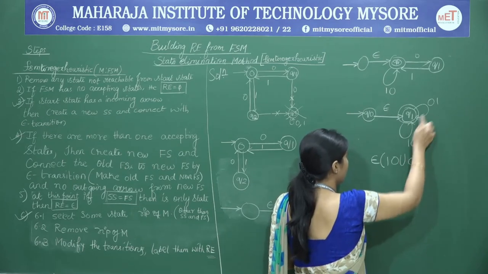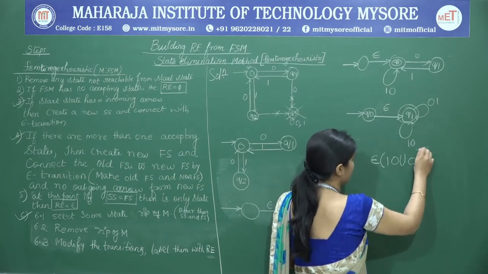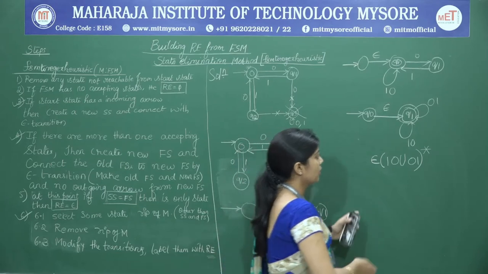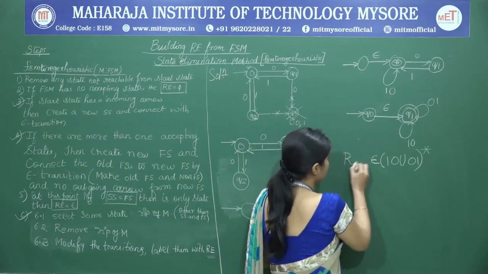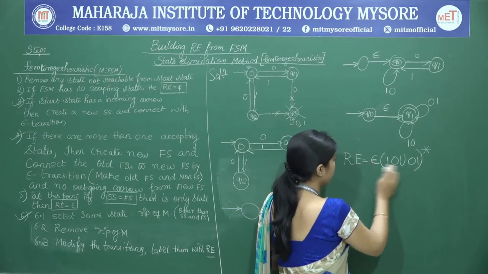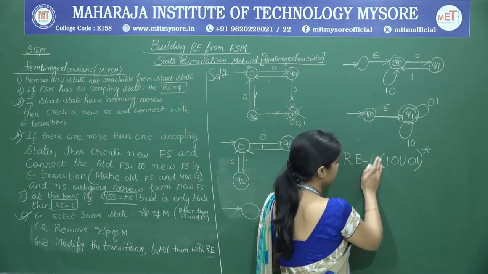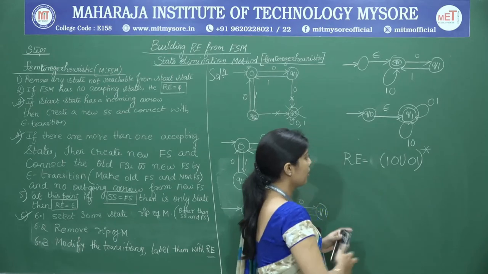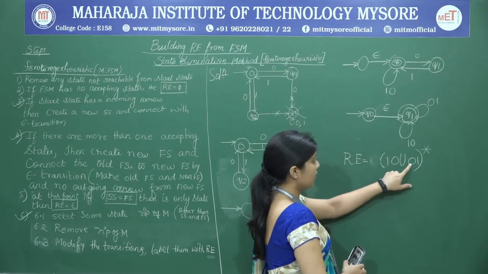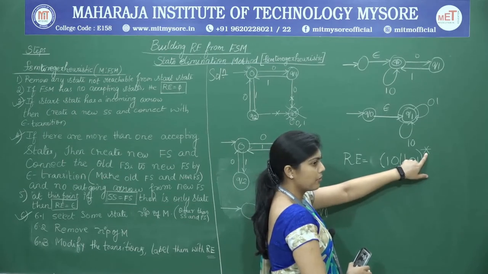Both are also loops, therefore we should not forget to put this star here. So the entire regular expression is this epsilon concatenated with anything, which will give you the same thing. It is the identity of concatenation. So the regular expression is 1, 0 or 0, 1 any number of times.